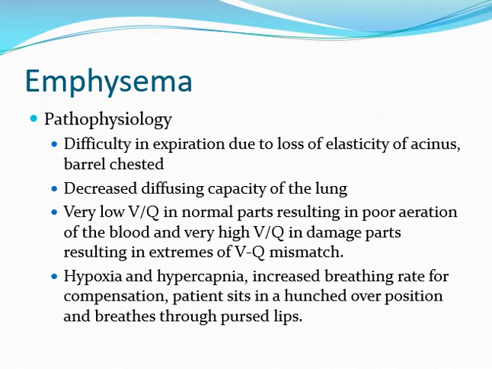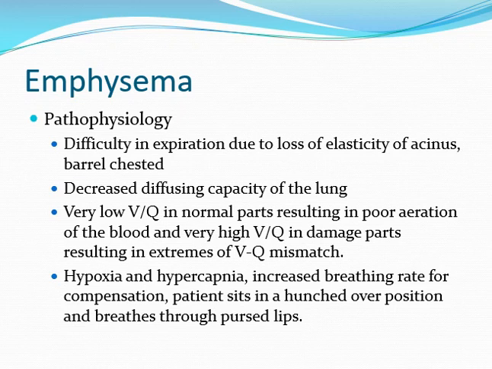Now talking about the pathophysiology. In emphysema, the problem seems to be with expiration rather than inspiration, because the process of expiration depends upon the elastic recoil of the acinus and the lung. Whenever the elastic tissue is destroyed, expiration cannot occur as properly as it should.